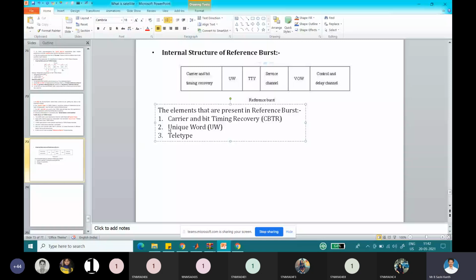Teletype, that is TTY. Fourth one is voice order wire, VOW.